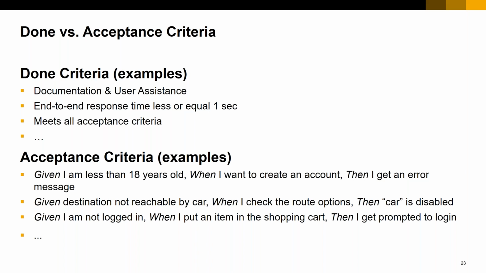This is at a very, very granular story level or a backlog item level, where you typically say, for this item, if the work assigned to it has been done, then I would say this item can be accepted if I log in and say I'm less than 18 years old, and I am able to get an error message. Only then is this item completed. So that's the acceptance criteria.